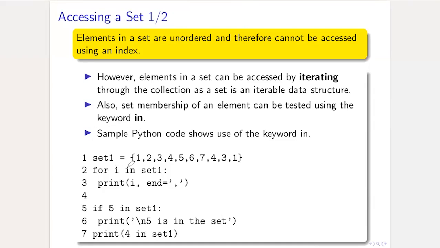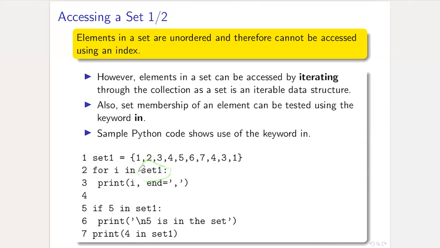As you can see here, I have a control variable i, and I'm going to iterate, because this for loop is for iteration, through this iterable collection.